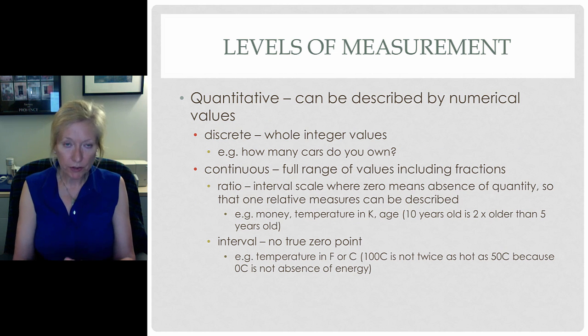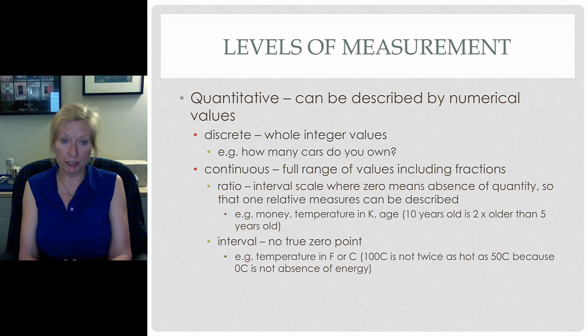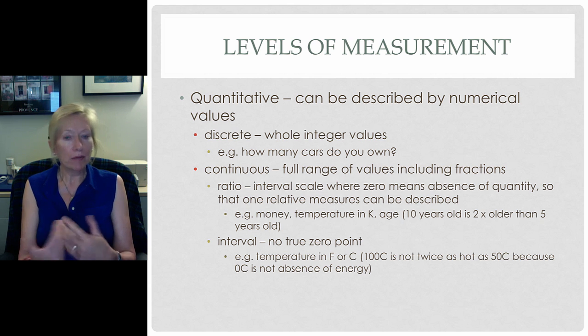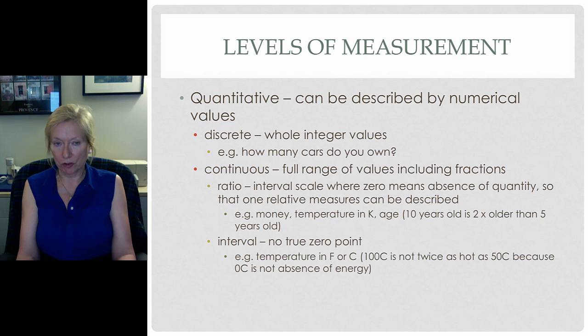The second level of measurement is quantitative, and these can be described by numerical values. Firstly, you're looking at discrete quantitative, and this would be, for example, how many cars do you own if you're doing a survey. These are whole integer values, whole numbers.